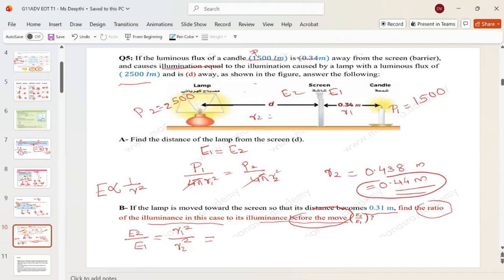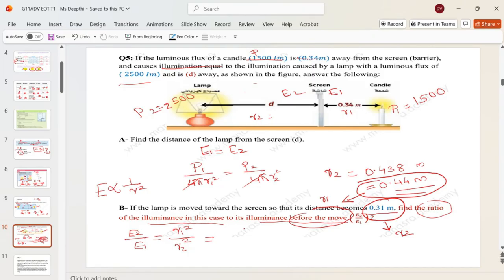The answer of the first case is the R1 in this case, because before moving the lamp was at a distance of 0.44 meter. But now it is moved to 0.31. So that is the R2. You get that? So that is what they want you to find.